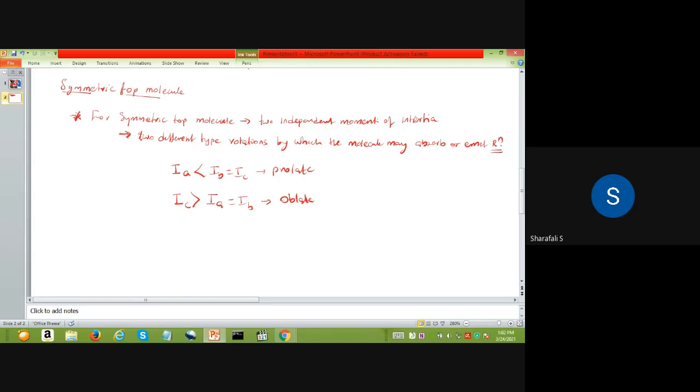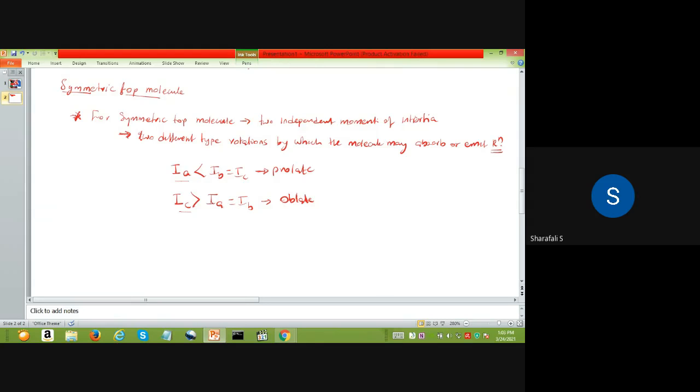So we have to consider the inverse of that moment of inertia. I think that has to be drawn like that, so that we'll discuss in the next section. So we have two different kinds of symmetric molecule: one is prolate and another one is oblate. In the prolate case, we have IA less than IB equal to IC, and in the oblate case, we have IC greater than IA equal to IB.